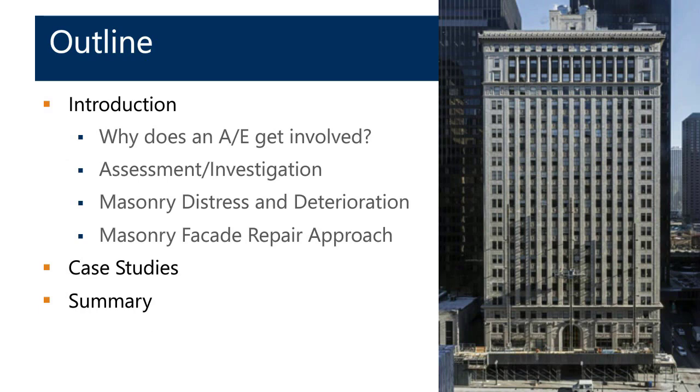As you can see here, what we're briefly going to do is an introduction first of why AEs might get involved in a building, talk about some of the typical assessment investigation protocols that the AE does, identify typical masonry distress that might be found on buildings so that owners have an idea of what is occurring, and then go into facade approaches for repairs.